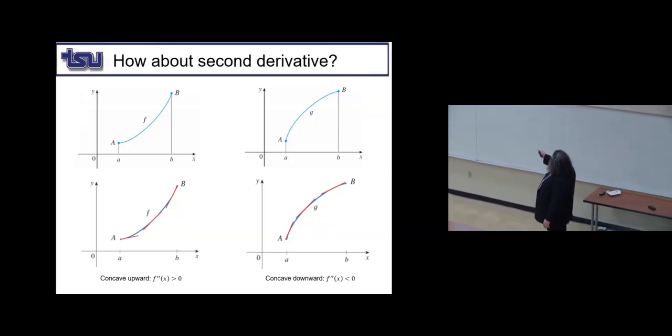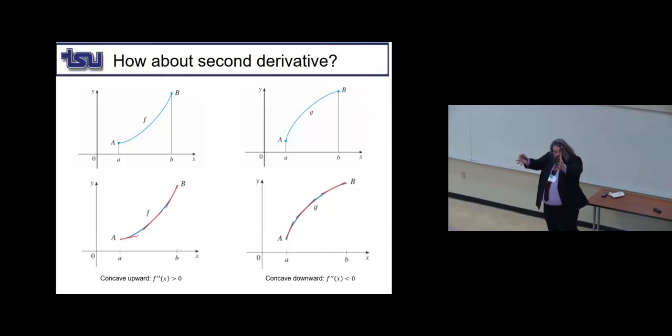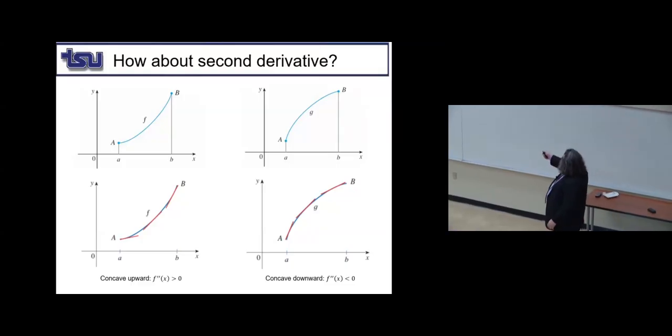Well, let's take a look at this function f here. The name that we would give to this shape is concave upward, meaning that it sort of forms a bowl shape. It looks like the sides of a bowl that's sitting right side up so that I can hold something. If I look at what the slopes of the tangent lines are doing, then I can see that I've got a positive but small slope here.